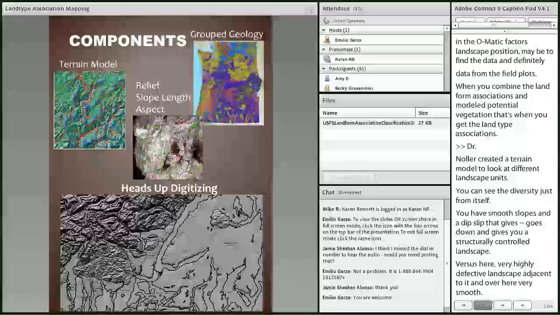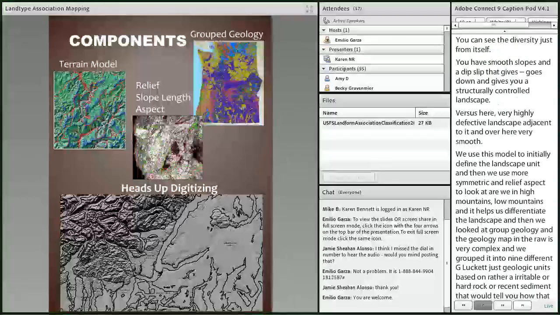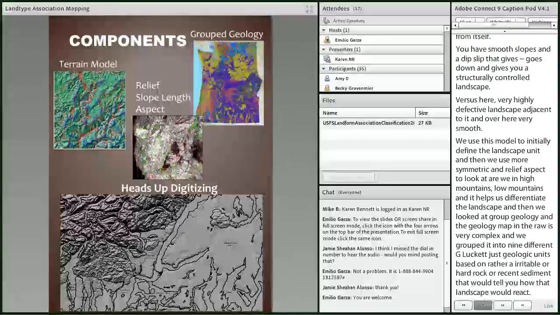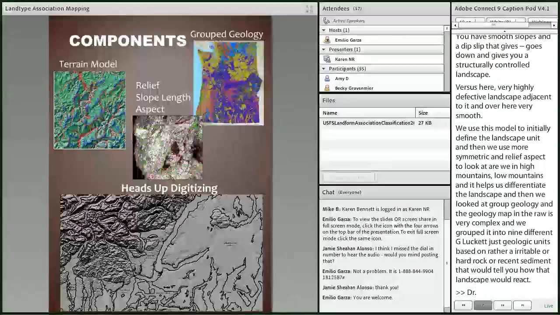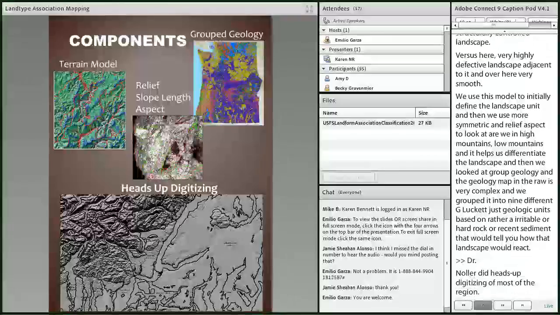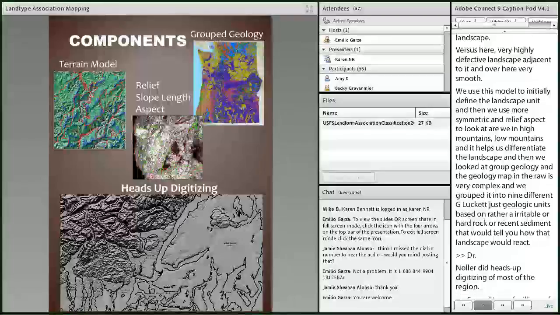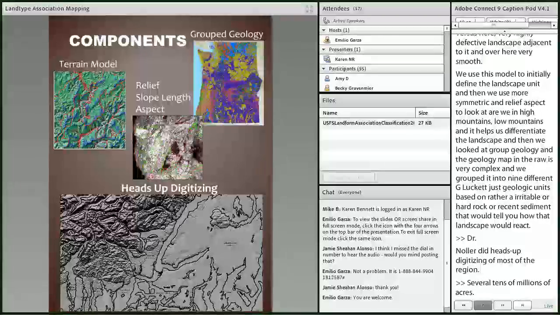And then Dr. Noller did heads-up digitizing of most of the region, several tens of millions of acres. Heads-up digitizing? Well, he literally drew every one of these lines to characterize the different geologies, morphometrics, and geomorphologies that he was seeing in the landscape.